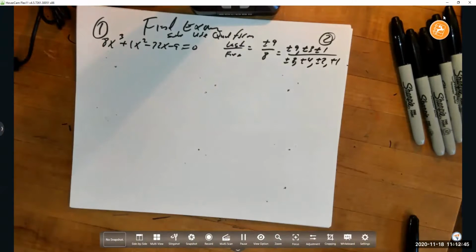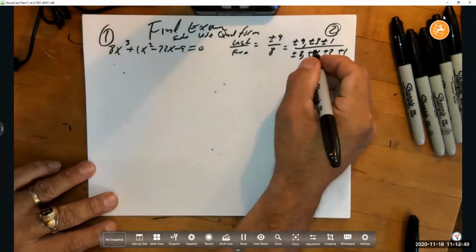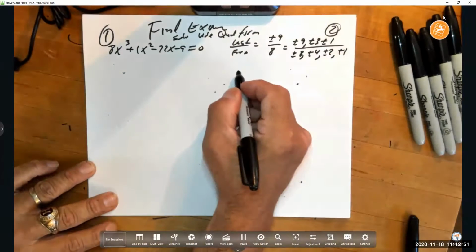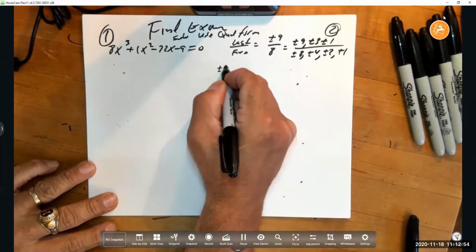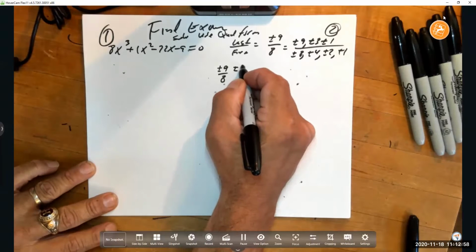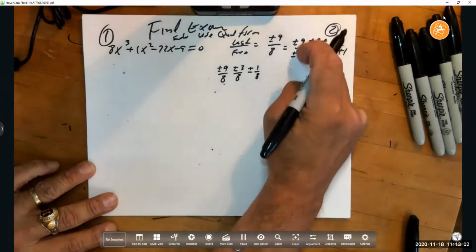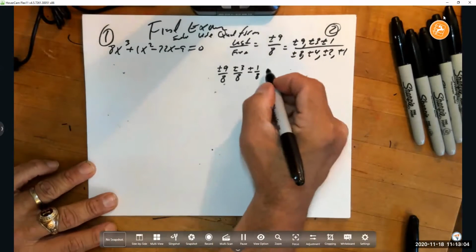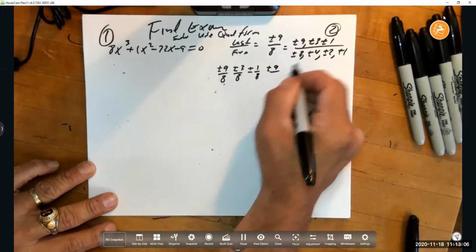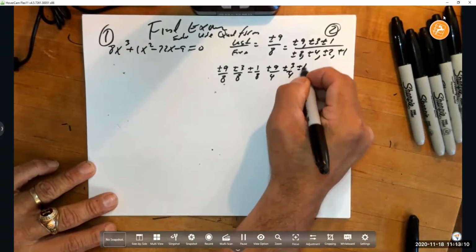All right, so now put them all as fractions. So I'm going to put them right here. I'm going to start with plus or minus 9 over 8, plus or minus 3 over 8, plus or minus 1 over 8. This one over 8. Next one, plus or minus 9 over 4, 3 over 4, 1 over 4.